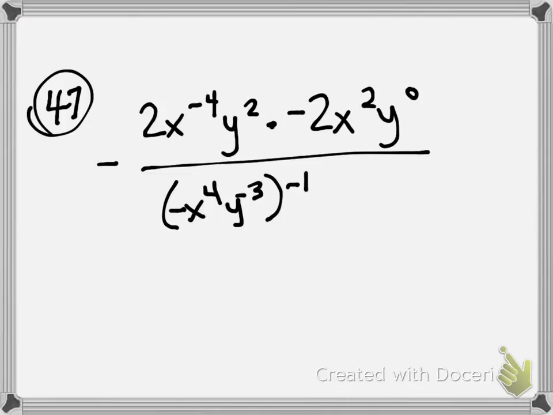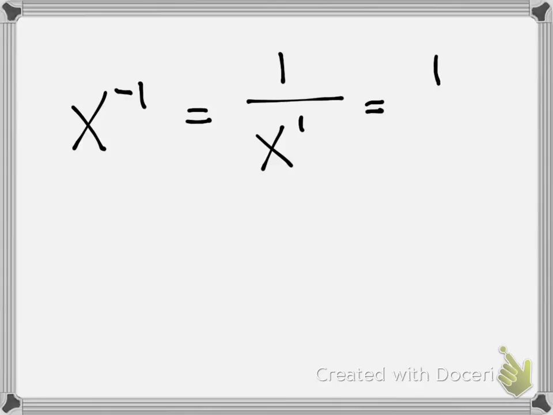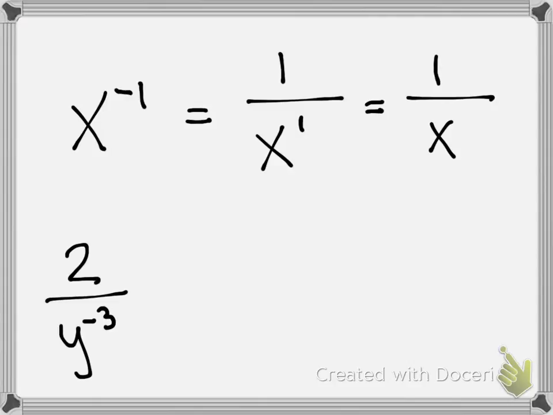So let me switch the slide for a minute and show you something about negative exponents. If I have an x to the negative 1, that is the same thing as 1 over x to the positive 1. And the positive 1 exponent is meaningless, so that's 1 over x. Well, what if I start with, let's say, 2 over y to the negative 3?